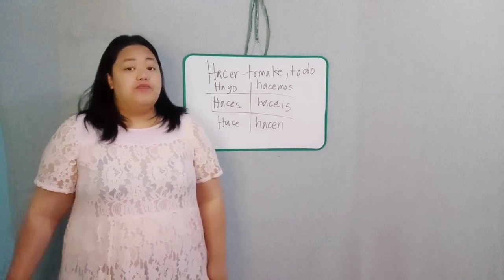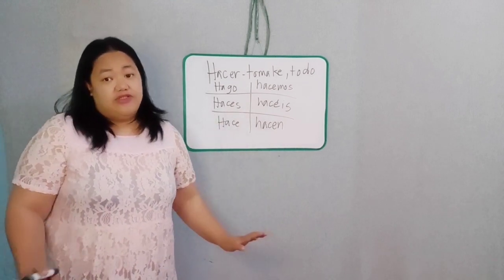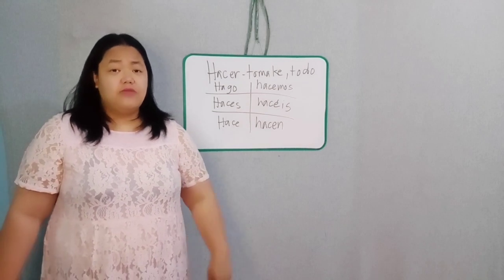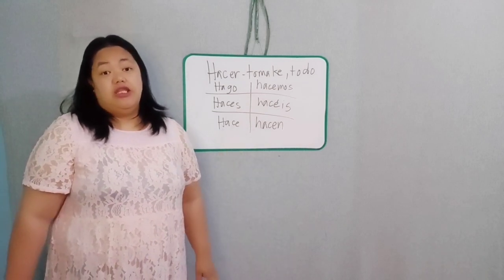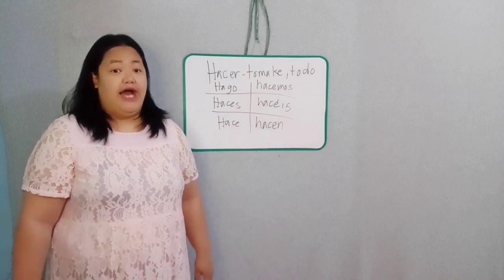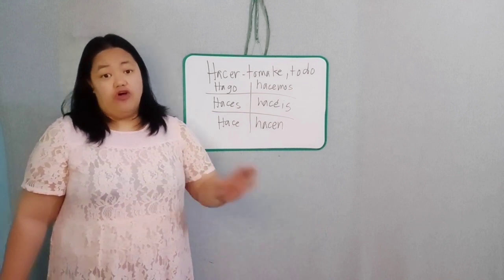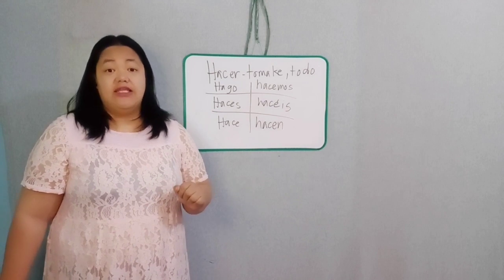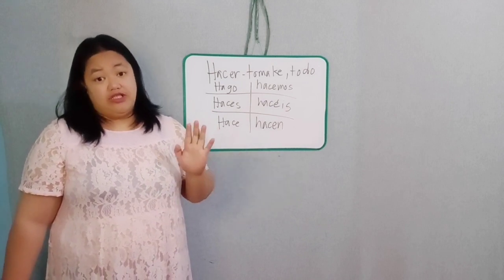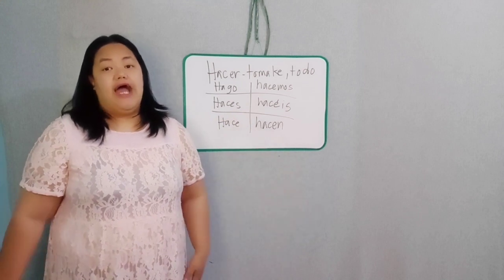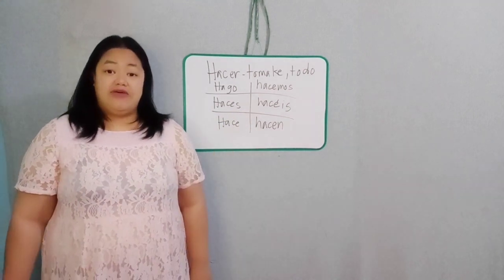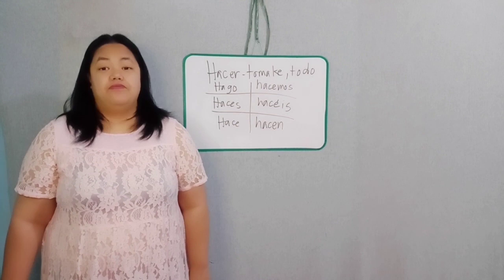Okay, so let's see the uses of the verb hacer. The number one use of the verb hacer is the weather. So we have hace calor, which is it's hot. Hace frío, it's cold. Hace fresco, it's cool. Hace viento, it's windy.